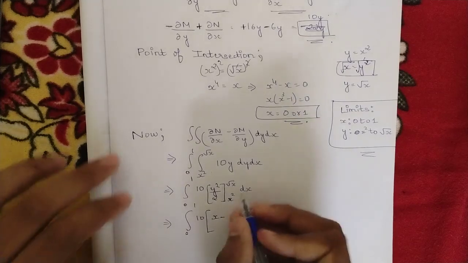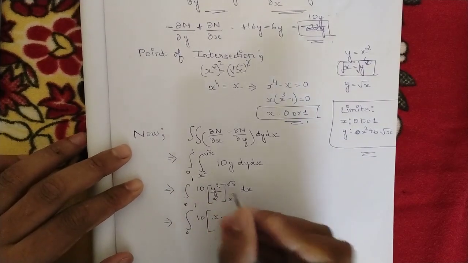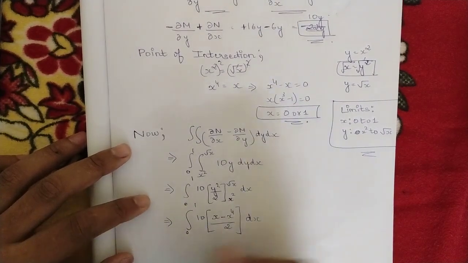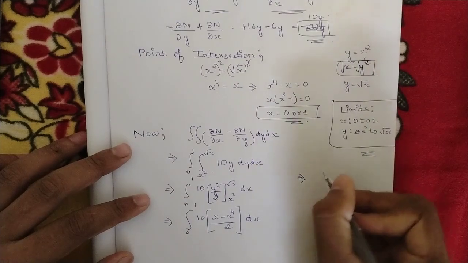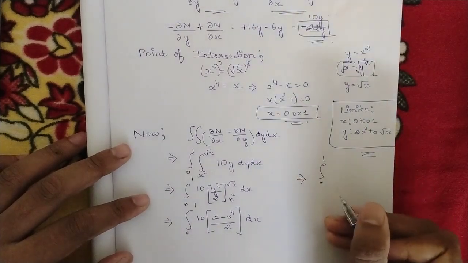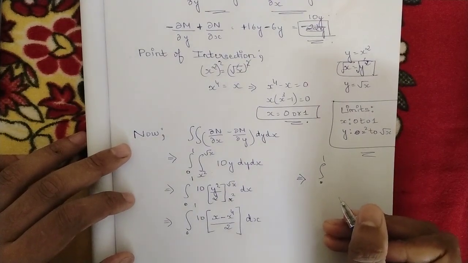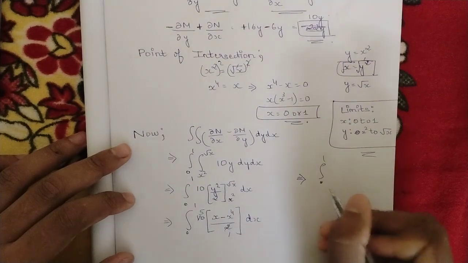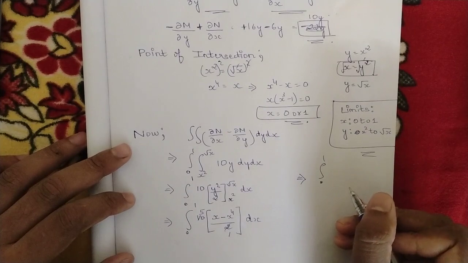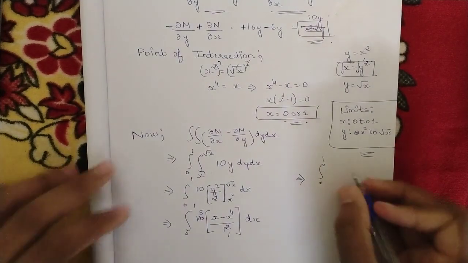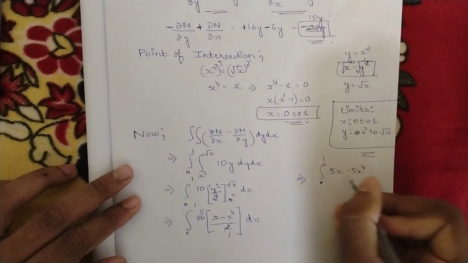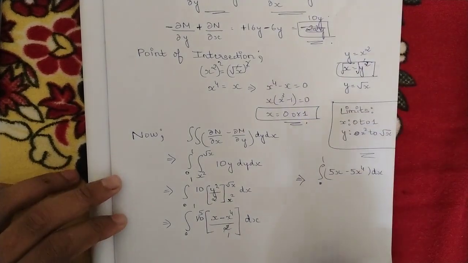Then we have minus lower limit, that is x square the whole square, that is x to the power 4 divided by 2 dx. Okay, I'll continue it here. 0 to 1. So we can solve it here, that is 2 1s are 2, 5s are 10. So we are left with 5x minus 5x to the power 4 dx, right? So I'll continue in next page.